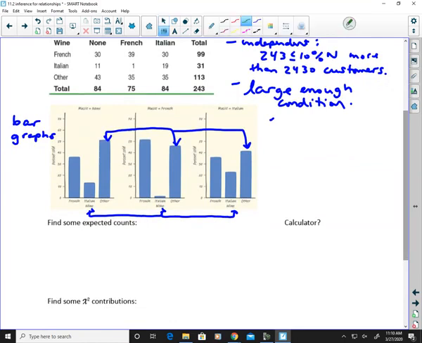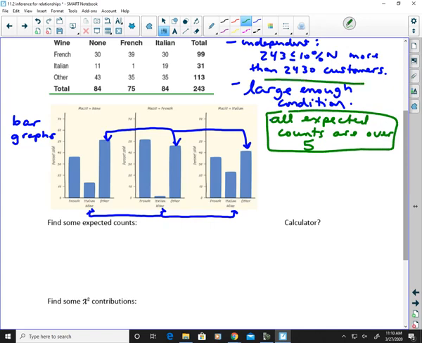I know that all expected counts will be over 5, so I'm going to just write that. And that will meet the large enough condition, which is the new condition that we have. We talked about how this is going to be a chi-squared test for homogeneity on the other page.